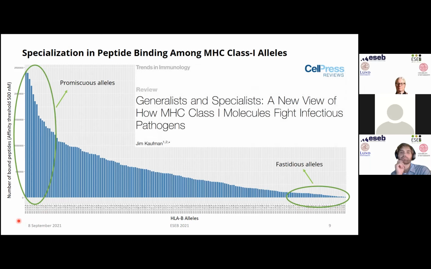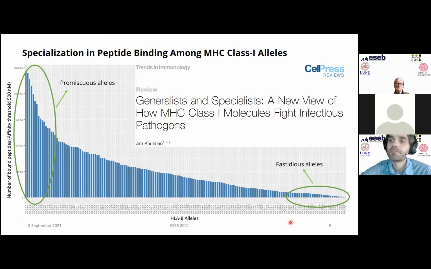He suggests that these promiscuous alleles might act as generalists that provide resistance to common pathogens, while fastidious alleles might be specialists that become important in the events of outbreaks or in the event of consistent pathogen pressure. So we wanted to test that in a quantitative way.